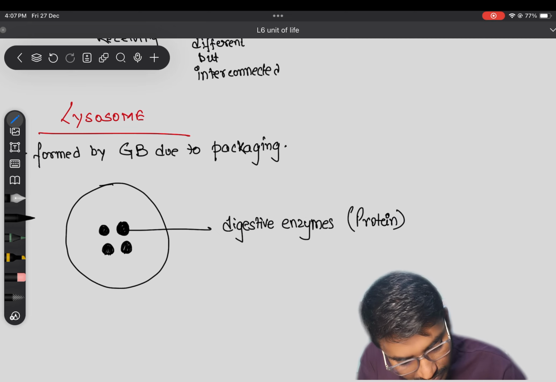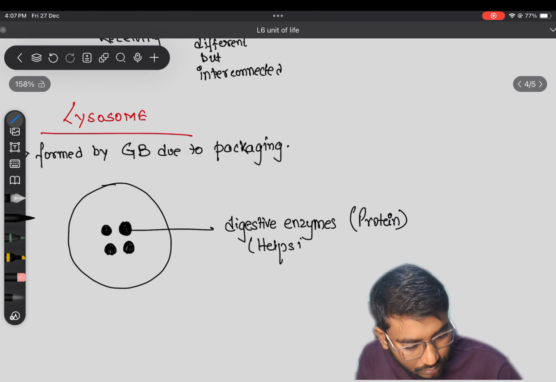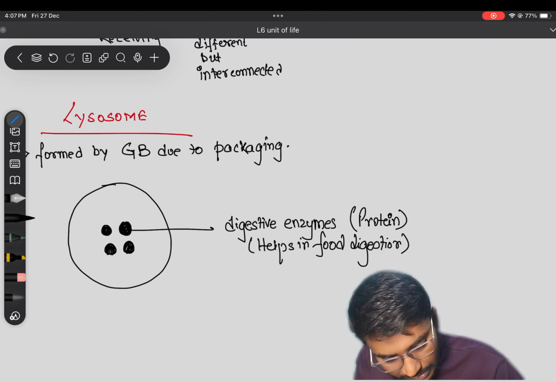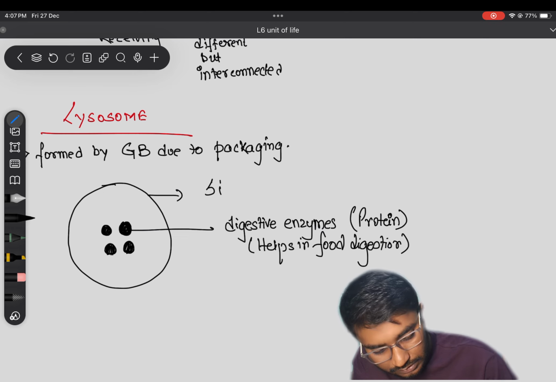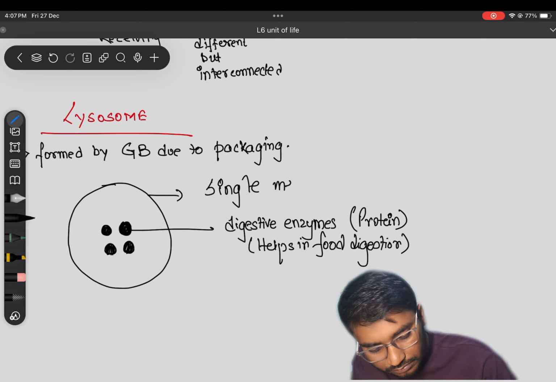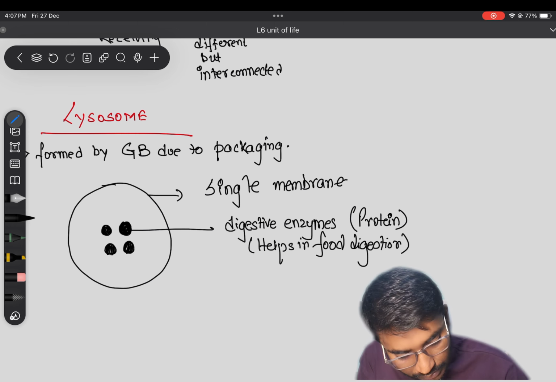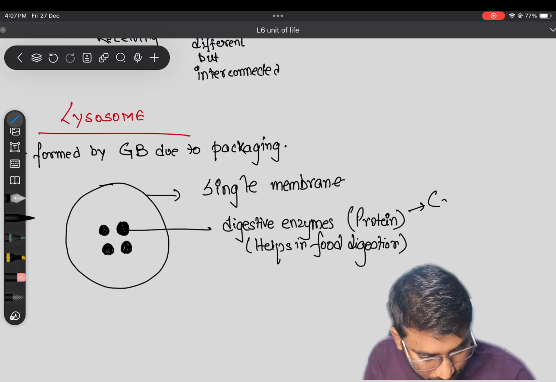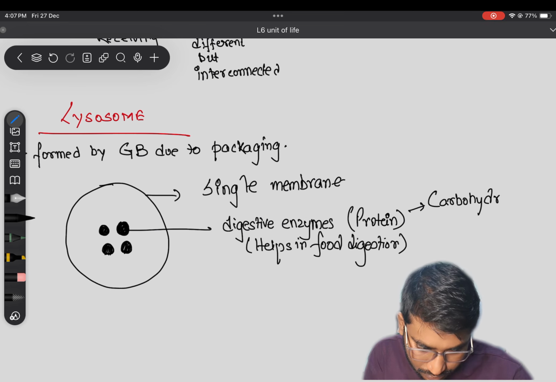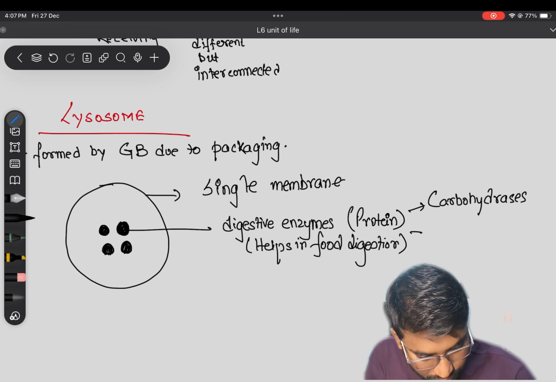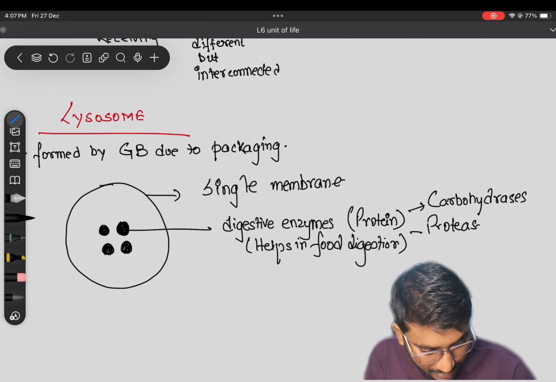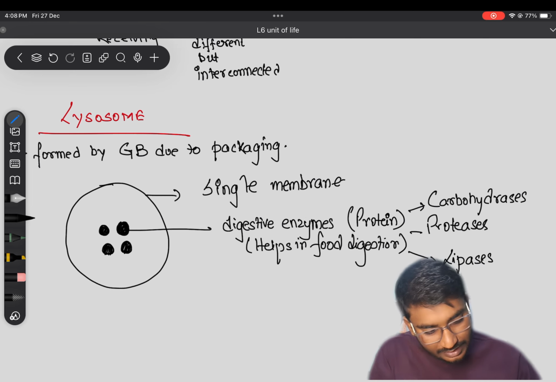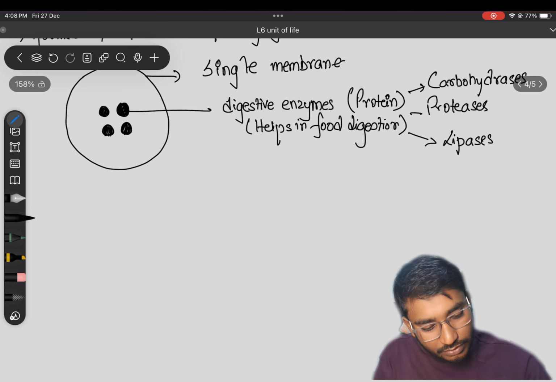Digestive enzymes help in food digestion. This is a single membrane. Okay. So digestive enzymes act on carbohydrates, proteins and lipids: carbohydrases, proteases and lipases. These three are called the trio.